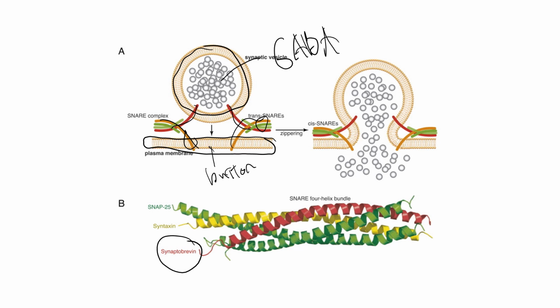And the distal end of the button has snare proteins too. And those snare proteins bind to the snare proteins located on the vesicle that has GABA within it. So you can see the distal end of the button, its snare proteins bind to the snare proteins, in this case synaptobrevin, located on the vesicle, in this case that houses GABA.